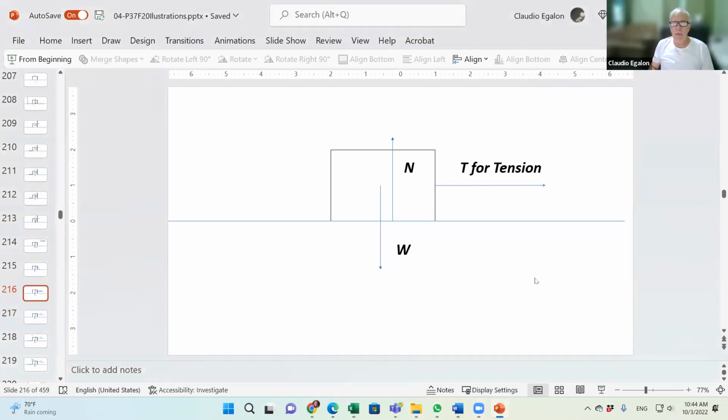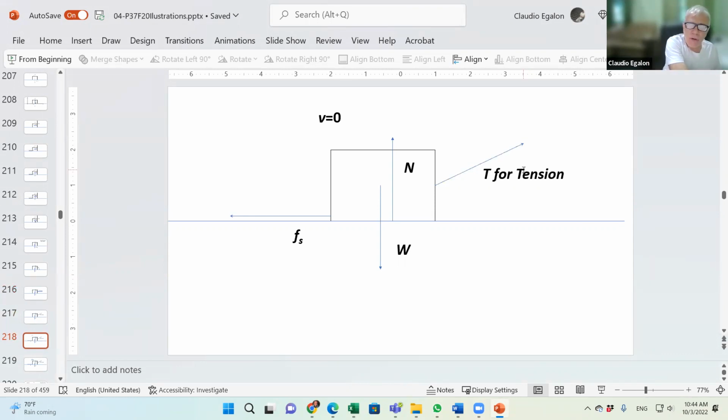Here you go. The tension can take all sorts of directions, okay? Can be horizontal, can make an angle, okay? And if this block is at rest, and I'm applying a tension to this block, it means there must be another force countering the tension force applied to the block.